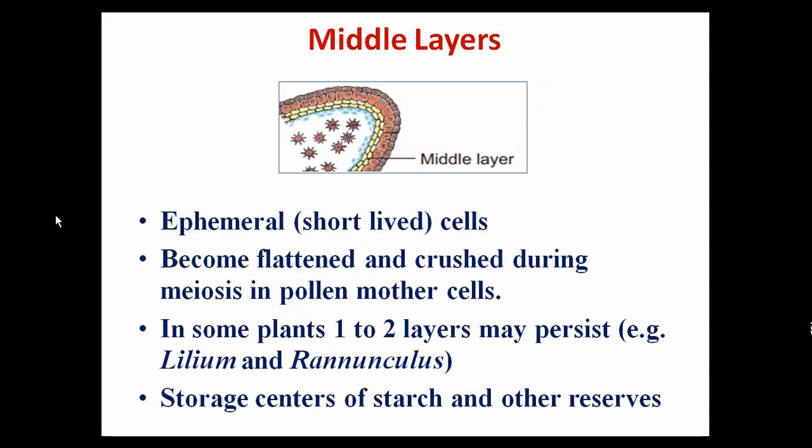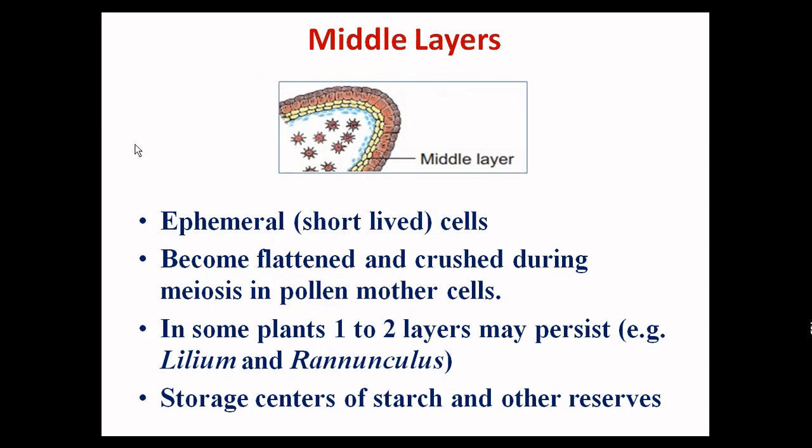The next layer is the middle layers. The cells of the middle layers are ephemeral. Ephemeral means they are short-lived. These cells of the middle layer become flat and are crushed during the meiosis in pollen mother cells.